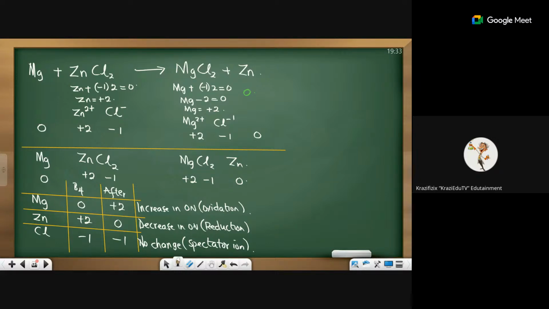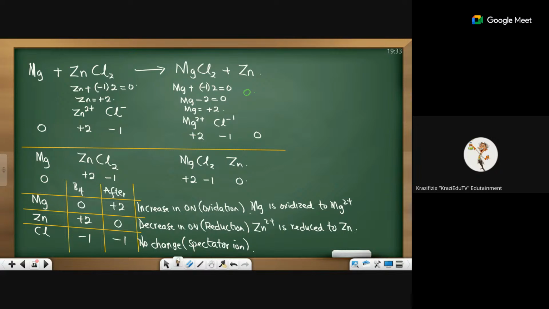What can we then conclude, my dear learners? Mg is oxidized to Mg2 plus. Zinc 2 plus is reduced. Please take note.